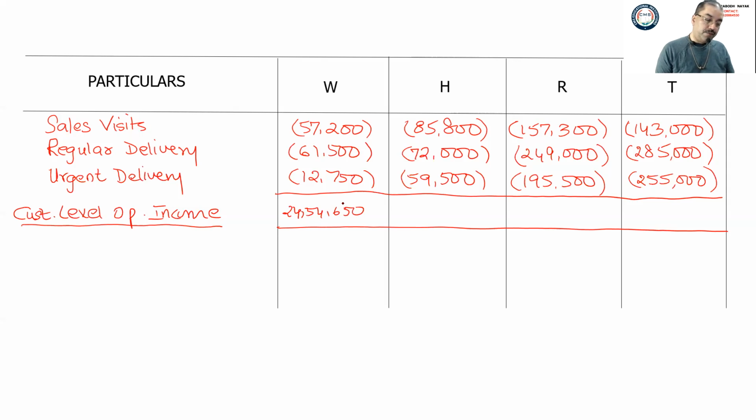Second one? 28 lakh 6,750. Third one? 10,46,500.